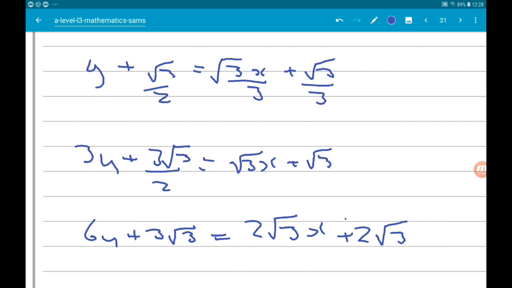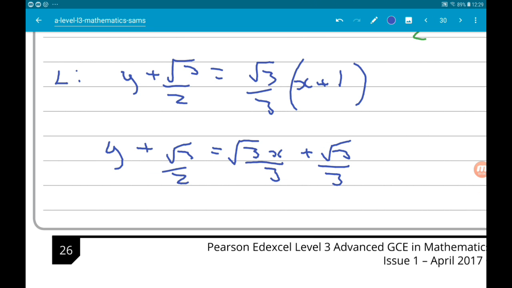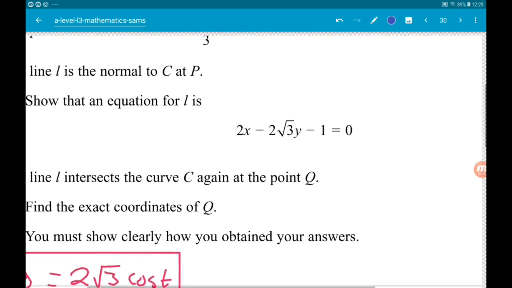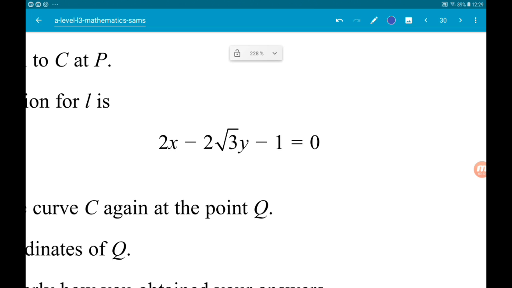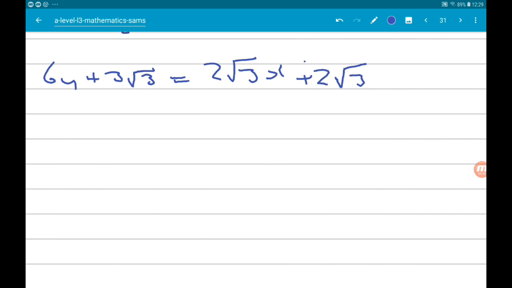Okay, so at this point, it might be worth taking a look at where we're trying to get to again. We're on track, so we want a positive x term and a negative y term, and a negative constant. So, what I'm now going to do is move everything over to the right.